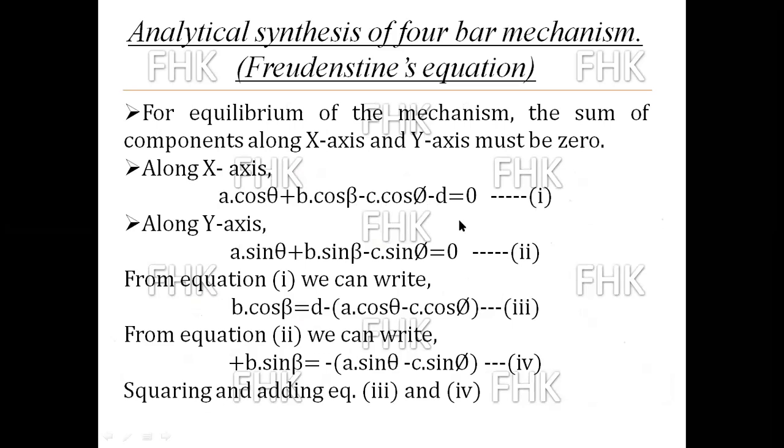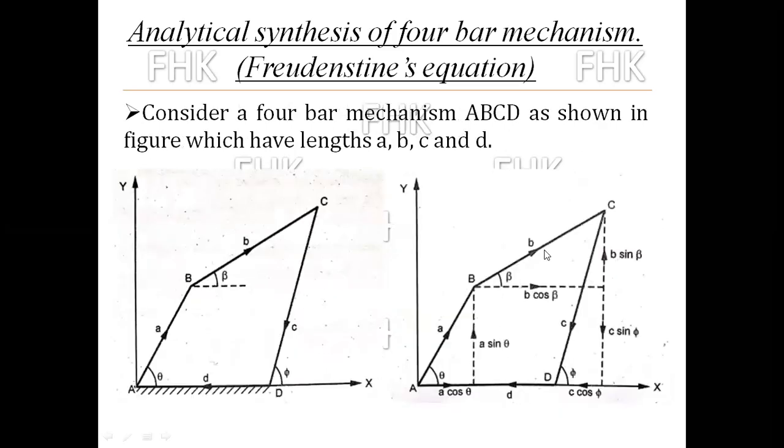Now I will take the vertical components of all the linkages, all the vectors. A vertical component in the upward direction I will take positive, and in the downward direction I will take negative. Okay, a sin theta along the y-axis, vertical component, plus b sin beta, again it is a plus, minus c sin phi.